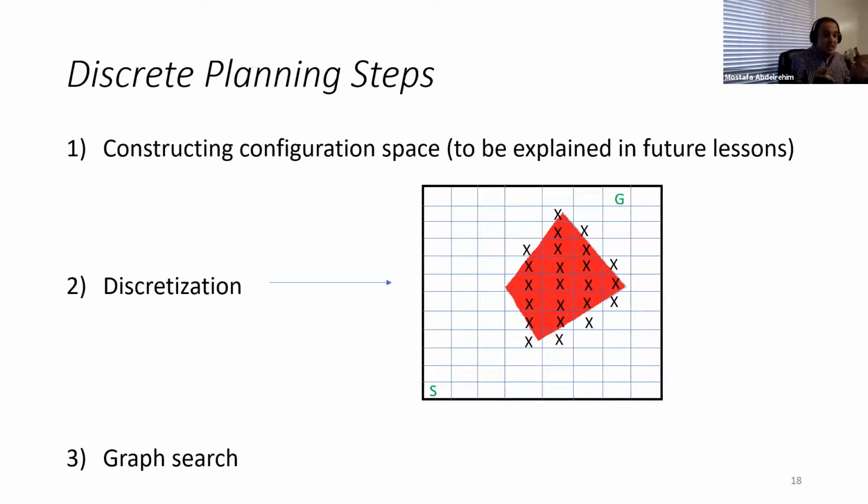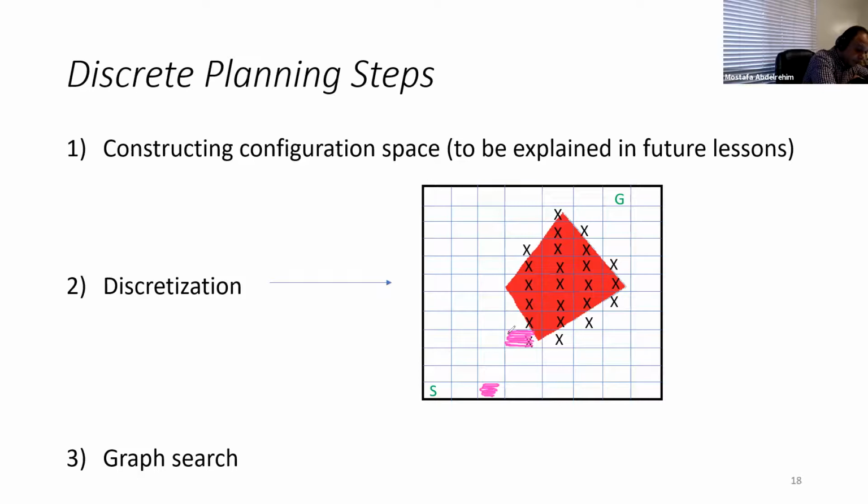In simple terms, this configuration space is what you are seeing here, in which there is a grid for the environment, some sort of discretization, and some cells are valid to pass, like this one, for example. The robot can move through this cell, and some of them are not valid for passing, like this one.